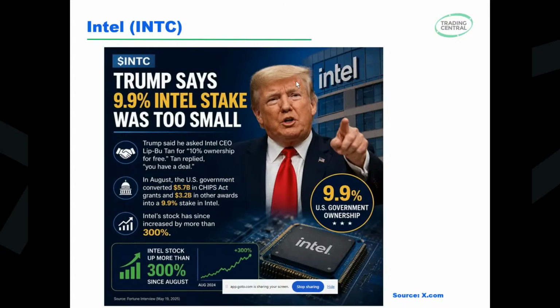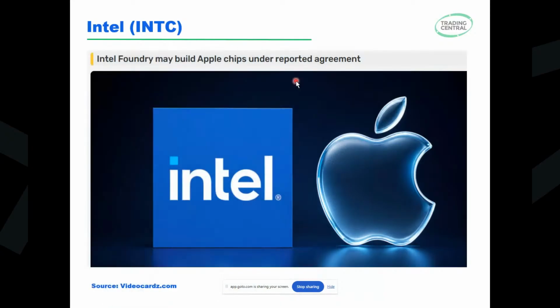Going forward, we are seeing Intel going to make chips for other tech giants like Apple. Okay, growth, ladies and gentlemen, I can see growth and growth, and of course its stock price will not be disappointing you. All right, so have a look at Intel.